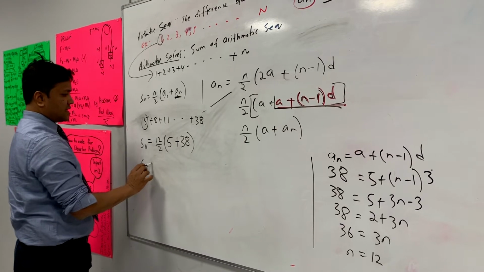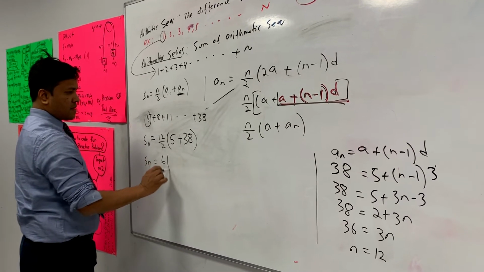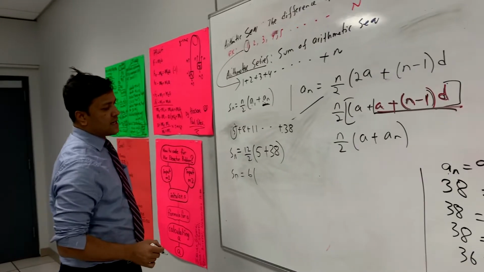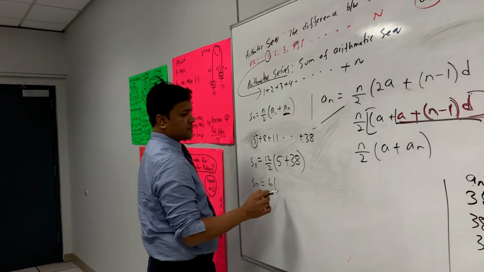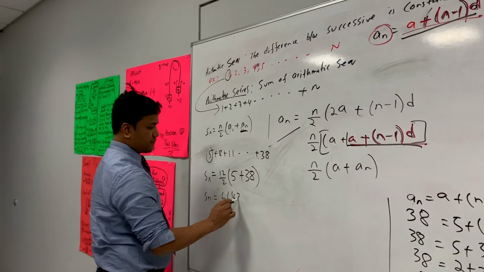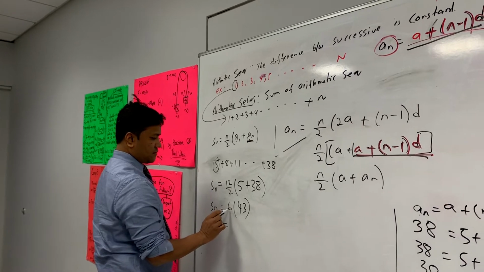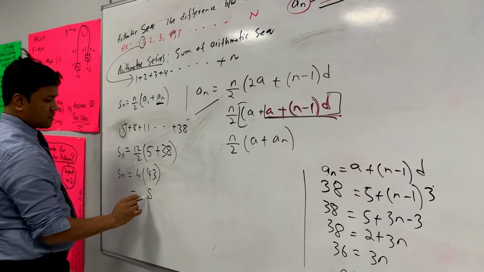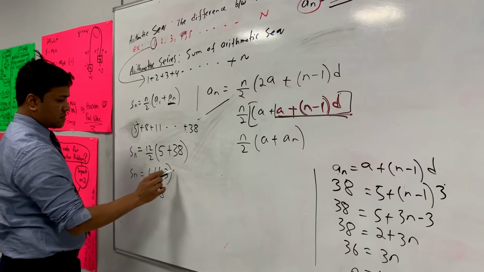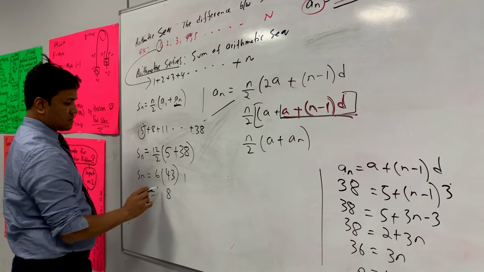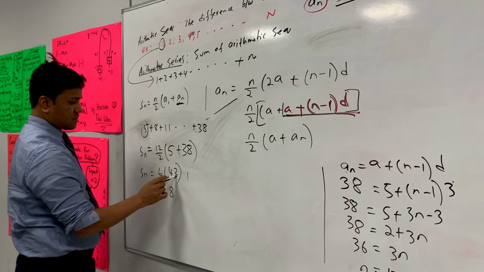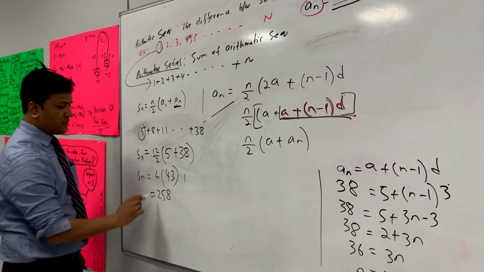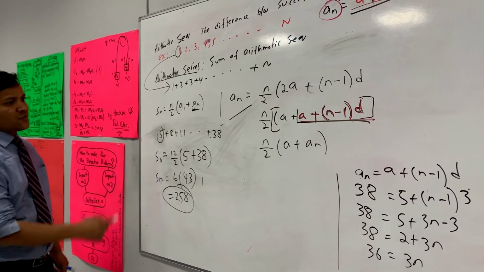So Sn is equal to 6 times (38 plus 5), and 38 plus 5 is 43. So 6 times 43 is 258. So the sum of this one is 258.